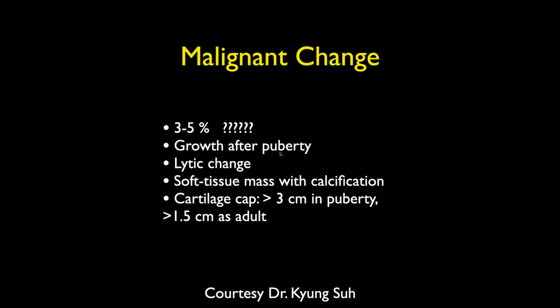If you see growth after puberty, you should not see growth once the adjacent growth plates have closed. If you see lytic changes within the bone, if you see a soft tissue mass with calcification, if you have a defined cartilage cap greater than 3 centimeters in puberty, this number has varied a lot over the years and depends upon which articles you look at, or 1.5 centimeters in adult. And it's usually focal, not a diffuse kind of thickening.